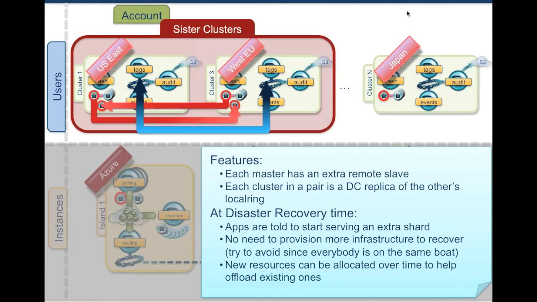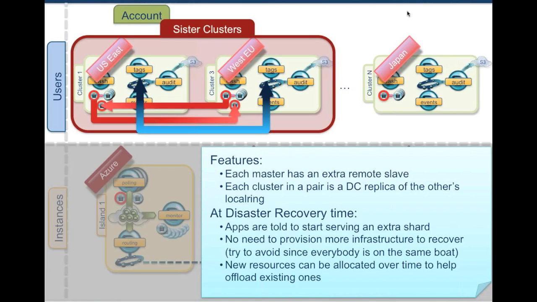Well, that may work. But our thought is that, and it has actually happened before, when such a major disaster happens, everybody's in the same boat. Everybody will be trying to get resources in cluster 3 at exactly the same time that you are. So it's very possible that you don't get as many resources as you want, and if that was the case, you would not be able to serve those customers right away.